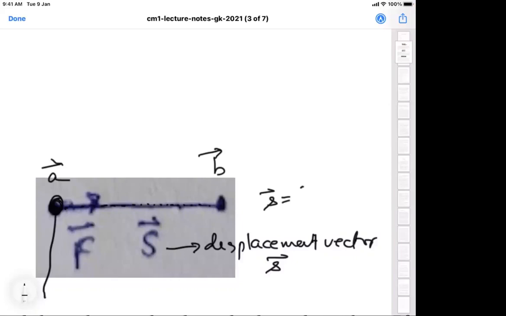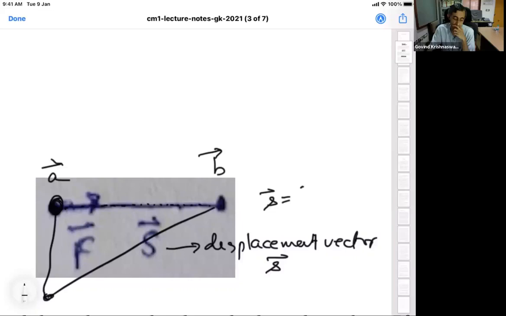B minus A. Correct. So this is my origin, this is vector B and this is vector A. So S is B minus A. Sometimes I find it convenient to draw an arrow above the symbol. Sometimes I simply draw this. You will find what is convenient for you.